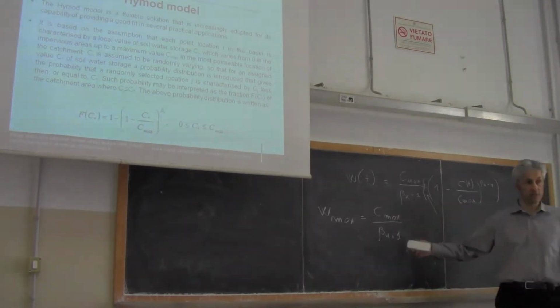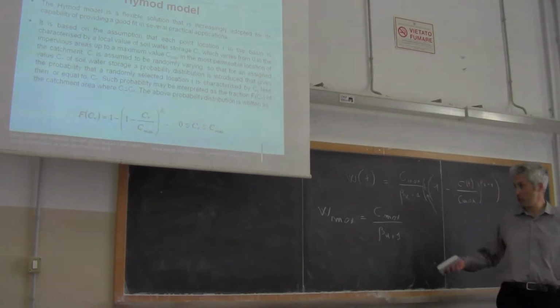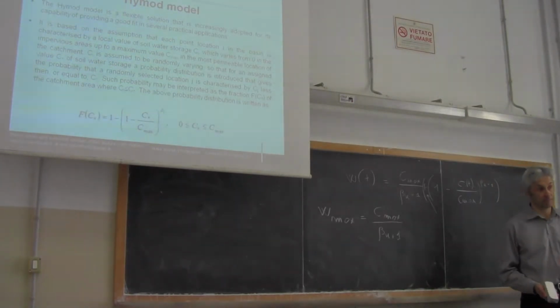So max storage over the catchment is equal to Cmax divided by beta k plus 1.